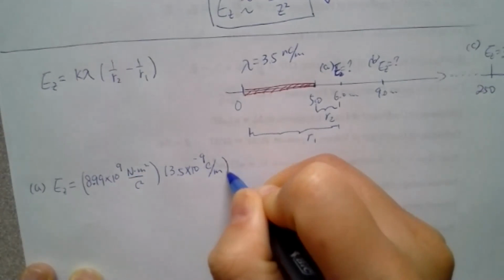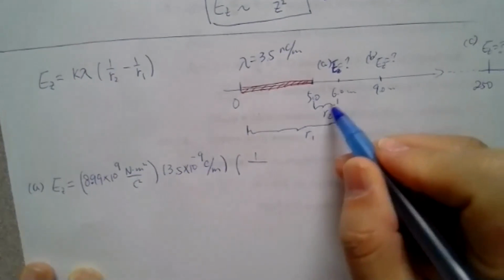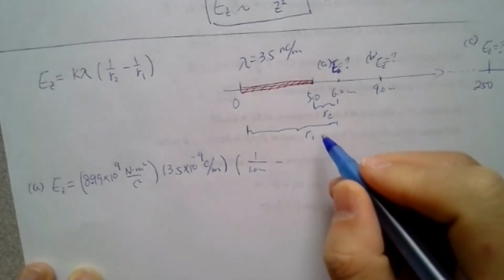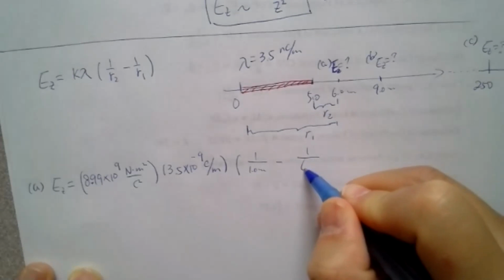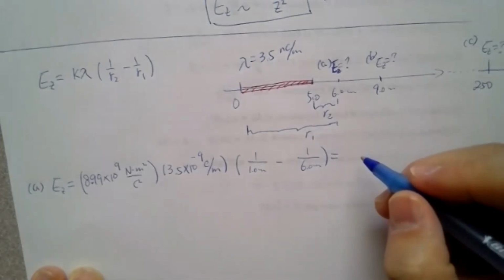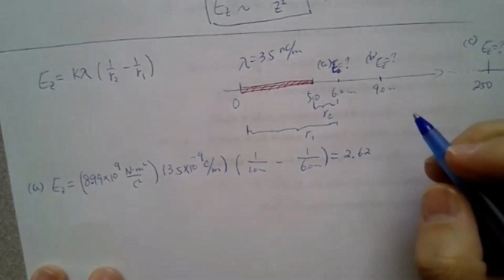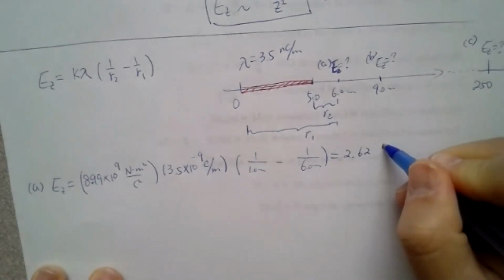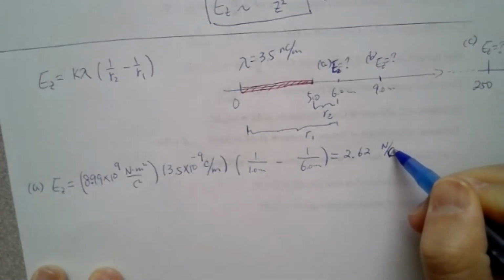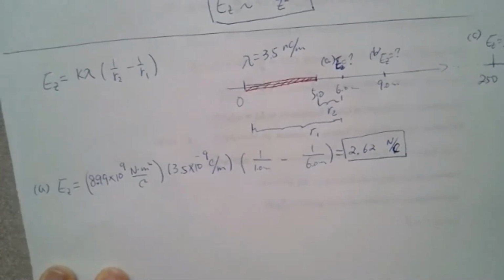Then 1 over r2, in this case r2 will be 6 minus 5, so 1 meter, minus 1 over r1, which is 6 meters. That will give you just about 26.2 newtons per coulomb for the electric field. Okay, so that's part A.